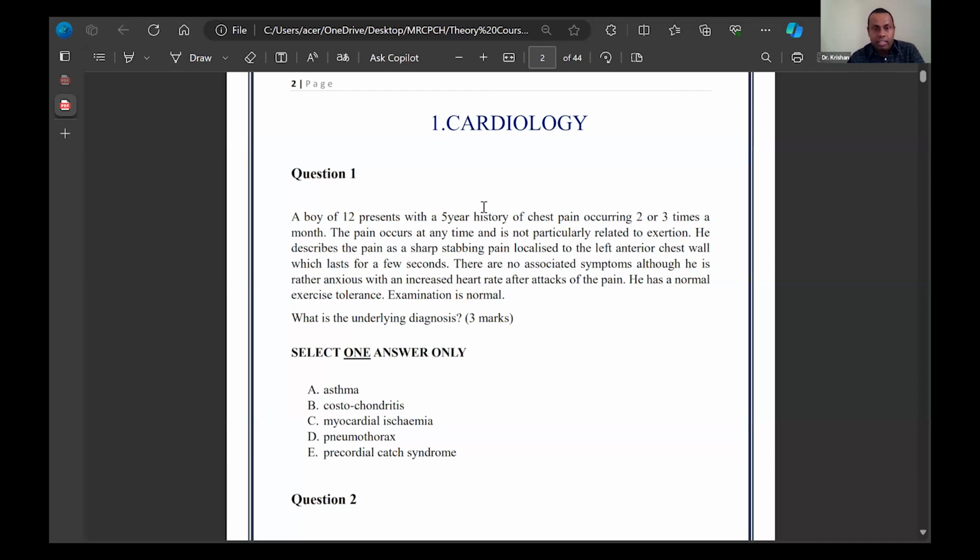Right. Select one answer only. This is how MRCPCH questions are worded. So what is that one answer? Is that asthma, osteochondritis, myocardial ischemia, pneumothorax, precordial catch syndrome?